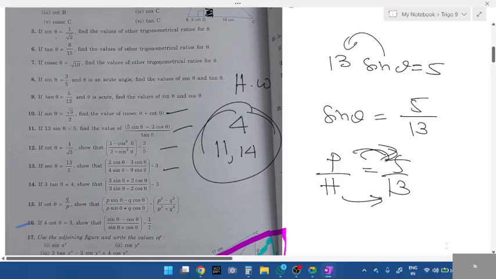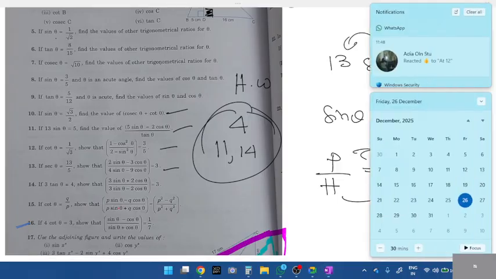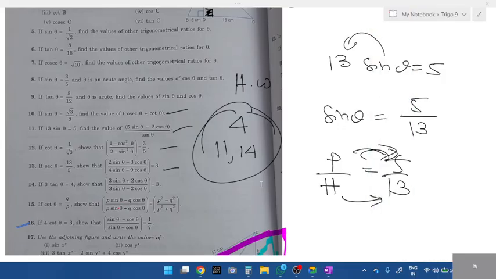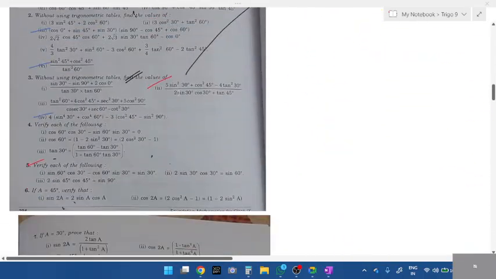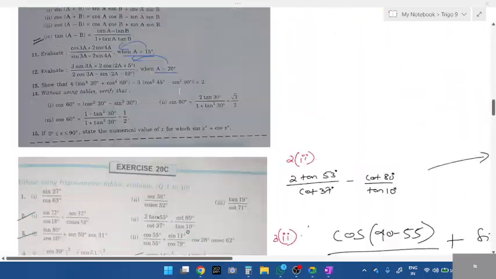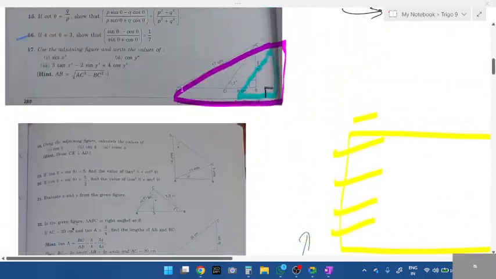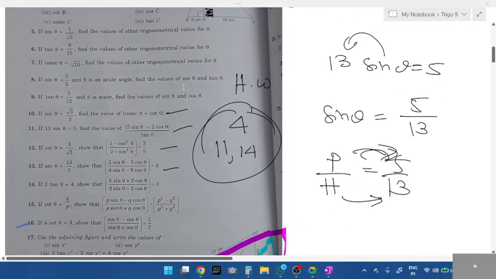Okay. Tomorrow is Friday. Even tomorrow, Saturday, same time, 12 o'clock. Tomorrow I'll conduct for 1.5 hours up to 1:30. So tomorrow complete this and we'll finish exercise B as well. Think of this for homework. 4, 11, 14.